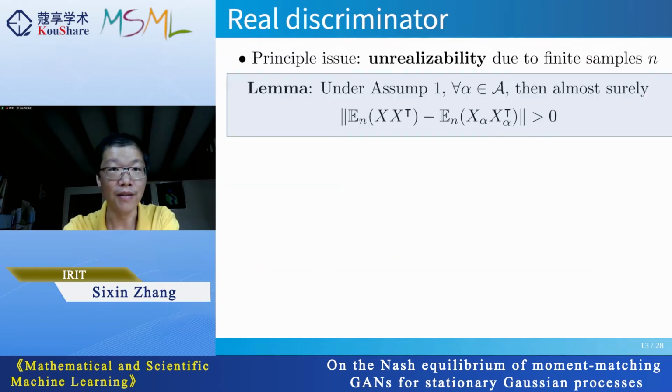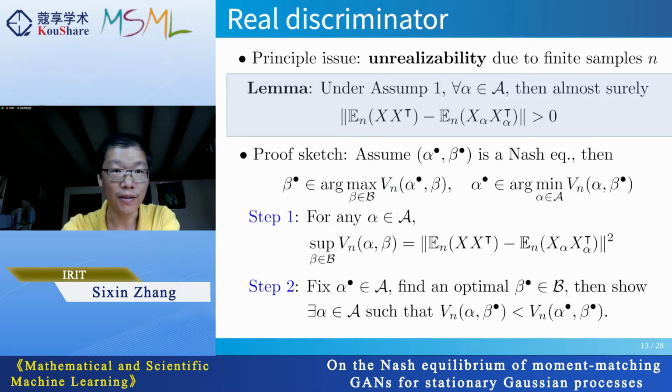Now, the principal issue for this unrealizability due to finite samples is essentially that we cannot find an alpha that perfectly matches the empirical covariance matrix of data X. And that is why we need some technical assumptions to show this. But I think in general it is true.